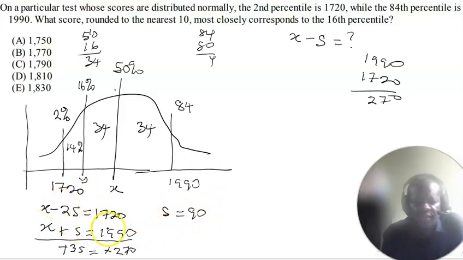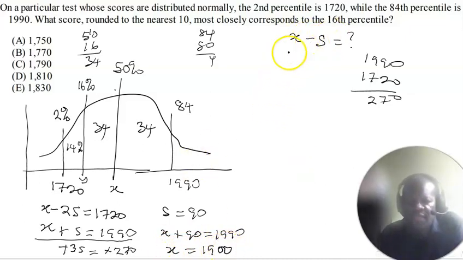So if s is 90, we can find the value of x from x plus s equals 1990, or any of these two equations. So let us use this. If s is 90, we have x plus 90 equals 1990. So very quickly we can see that x is 1900.